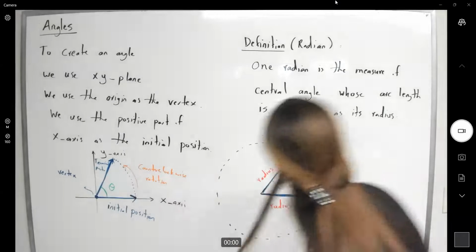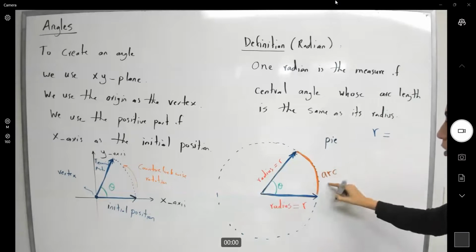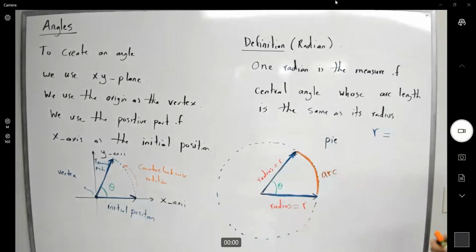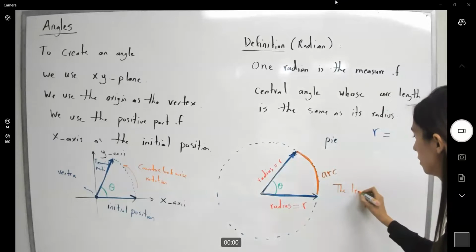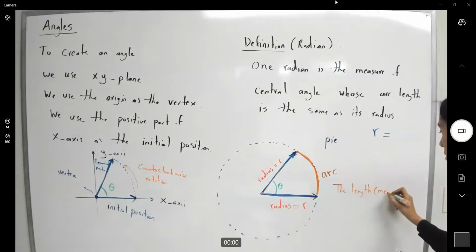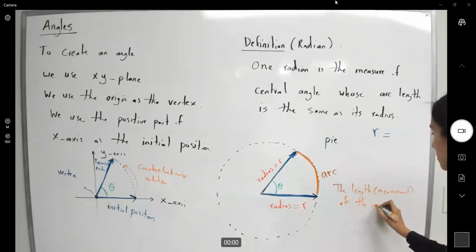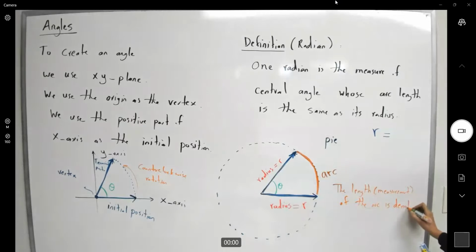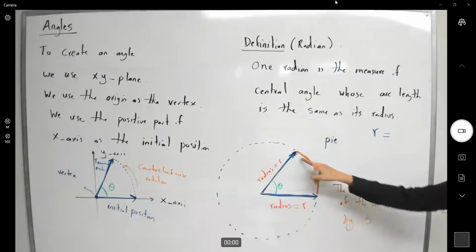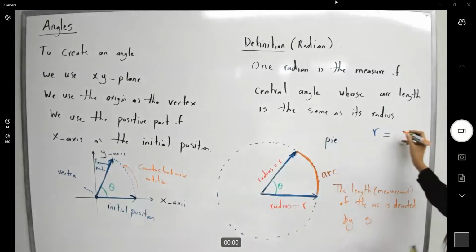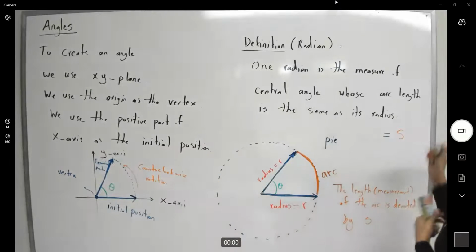So we can write it this way. R is equal to the arc length. The arc length, let us denote it by S. The length or the measurement of the arc is denoted by S. R is equal to S. Let me use the same color for R that I did before.